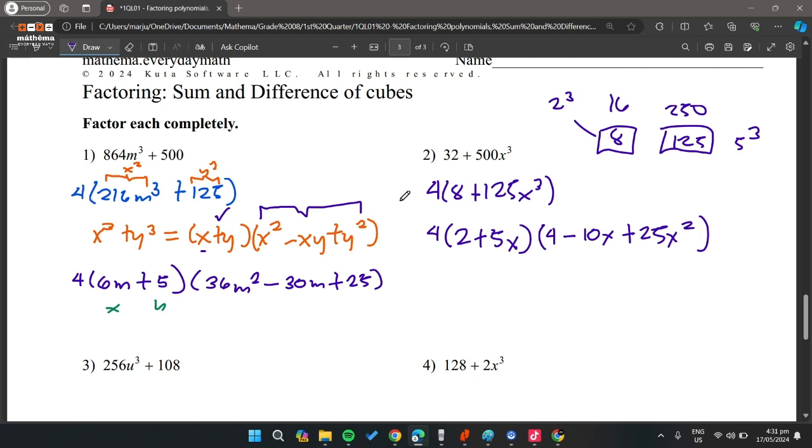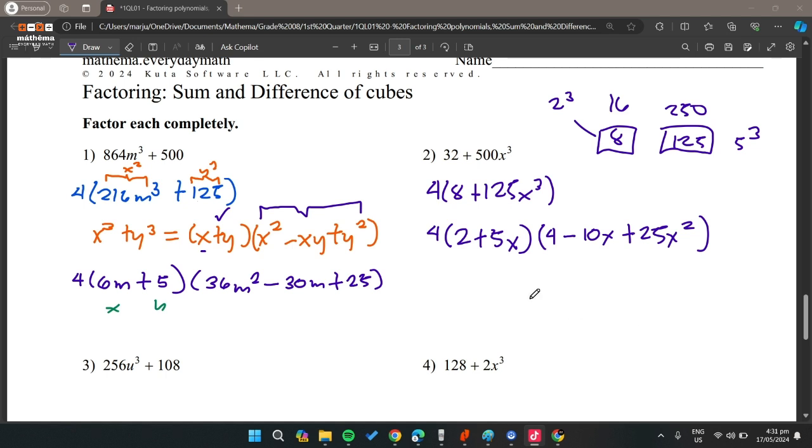Before we proceed with number 3, do we have questions or clarifications? Mga katanungan muna before I proceed with number 3 and 4. Do you have questions about this?